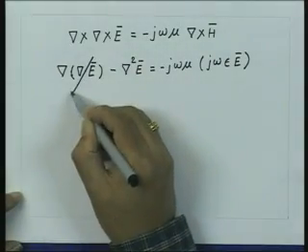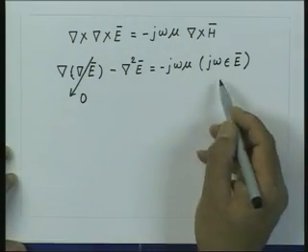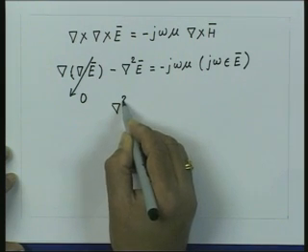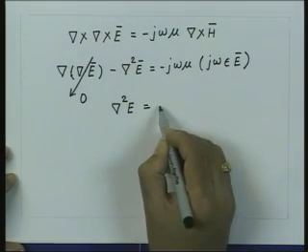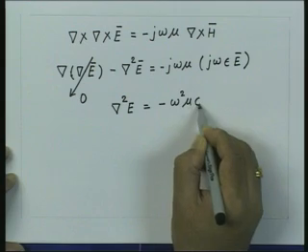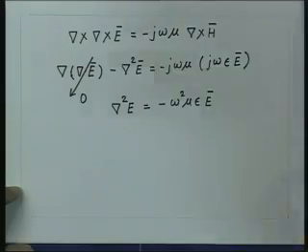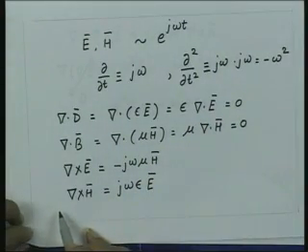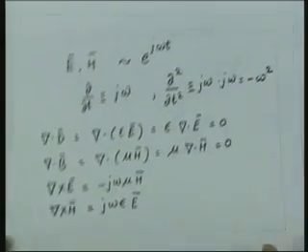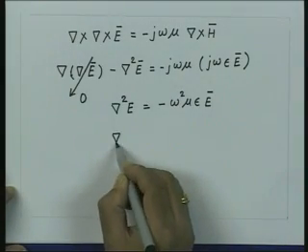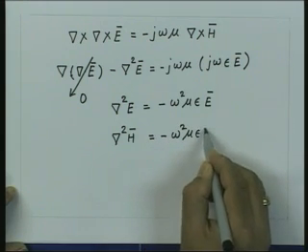So, I get the equation finally, which is del square E equal to minus omega square mu epsilon into E. If I had done identical things on the second equation, that is, taken the curl of this and substituted for del cross E from this equation, I get again the identical equation for the magnetic field, that is del square H equal to minus omega square mu epsilon into H.